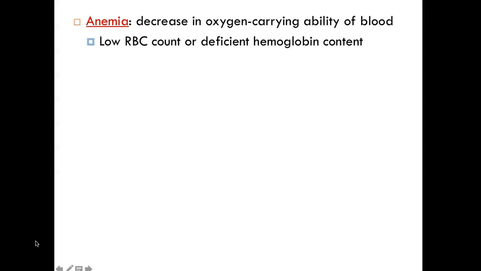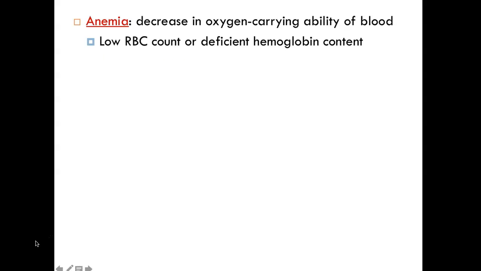So some red blood cell disorders that a person could have is anemia. I know you guys have heard of that. Anemia is going to result in a decreased oxygen carrying ability. Normally that's going to be an issue with hemoglobin and a lack of iron. It could also be a low red blood cell count.